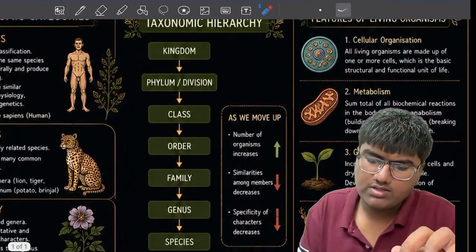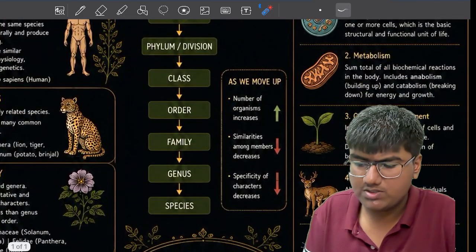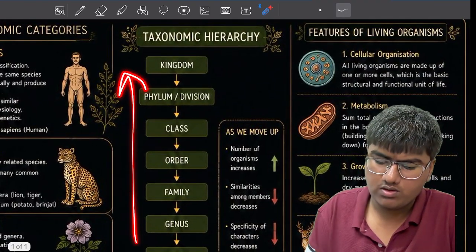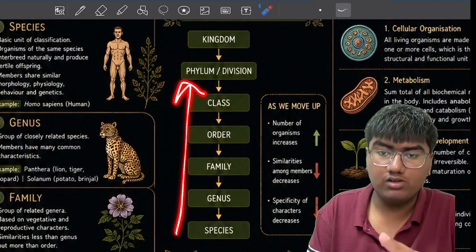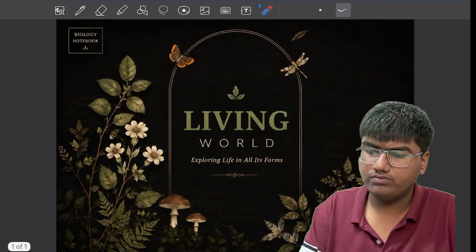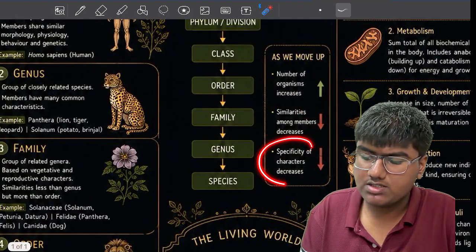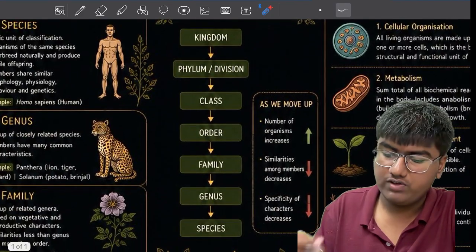Okay. Now let's see the taxonomic hierarchy: kingdom, phylum, class, order, family, genus, species. As we move from species to kingdom, the number of organisms increases, similarity among members decreases, and specificity of character decreases. Once again, let's see what we saw here.